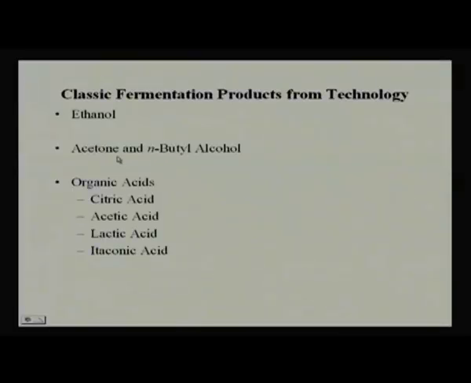Besides ethanol, there are other solvents also which can be produced with microbiological intervention, that is acetone and N-butyl alcohol. Some organic acids like citric acid, acetic acid, lactic acid, itaconic acid, and so on.